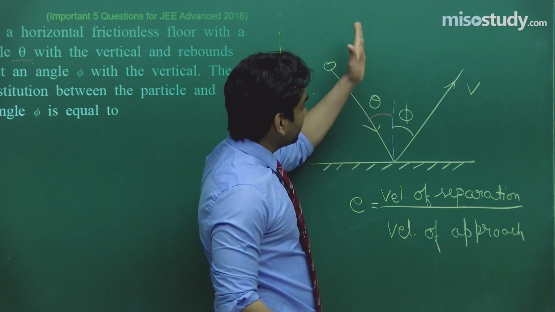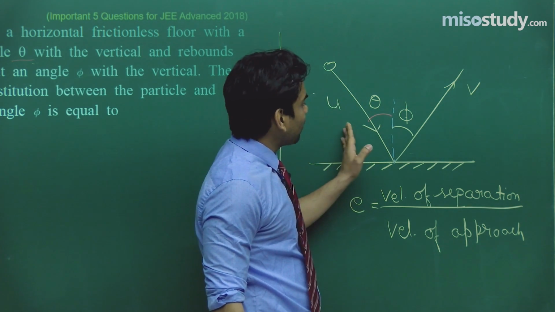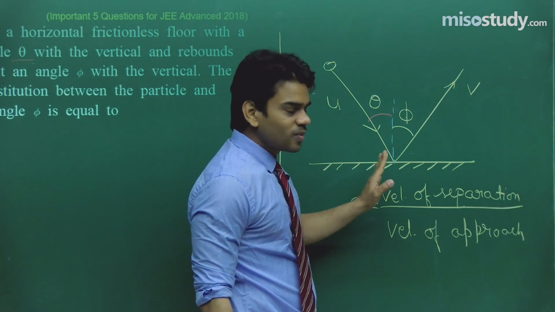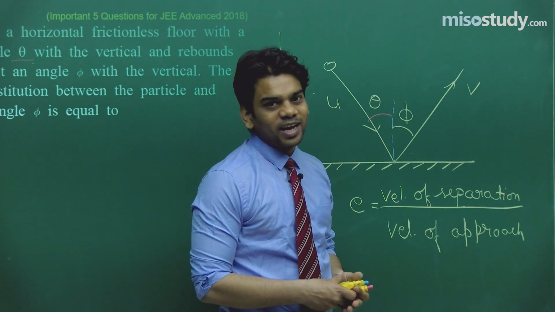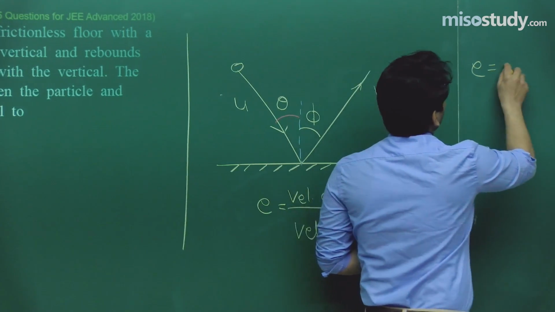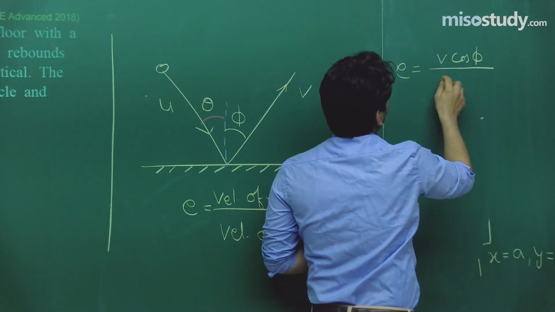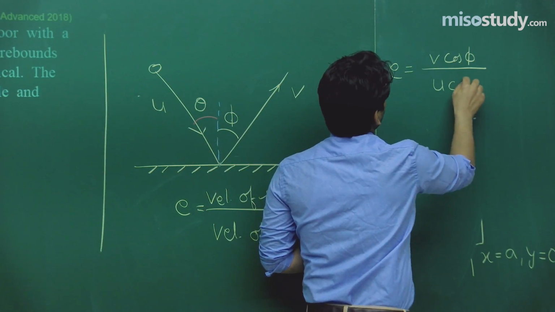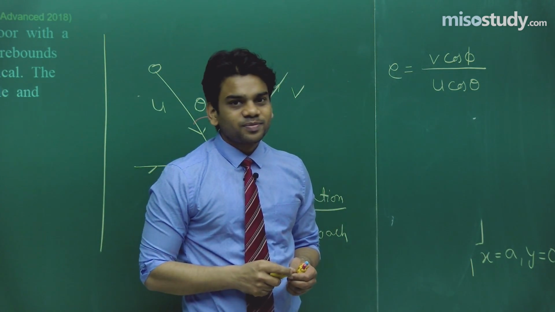If we talk about the vertical velocity, the initial vertical velocity will be equal to u cos theta and final vertical velocity will be equal to v cos phi. So we can write E is equal to v cos phi divided by u cos theta. This is what we can actually write.